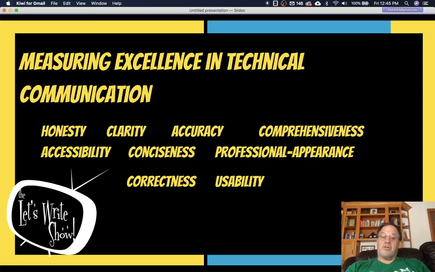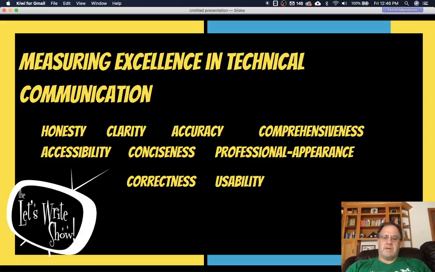Clarity: are you delivering exactly what the readers need in a way that they can digest it, right? Are you doing it accurately? Are you being comprehensive? Are you covering all the information you need to cover? Like, did any of you say, oh, if you don't have bread, you better go buy some? Did any of you say that? I don't know. Are you being comprehensive?